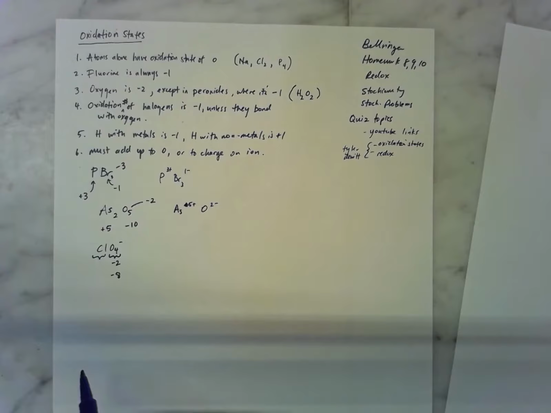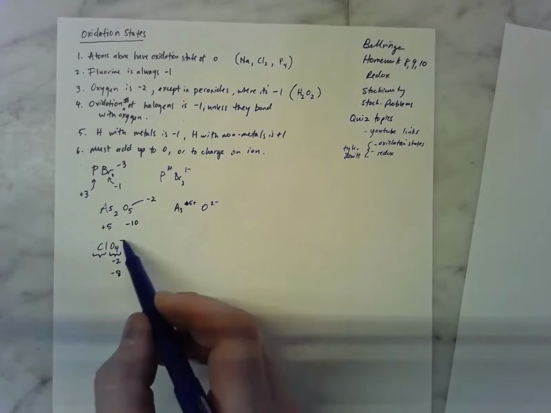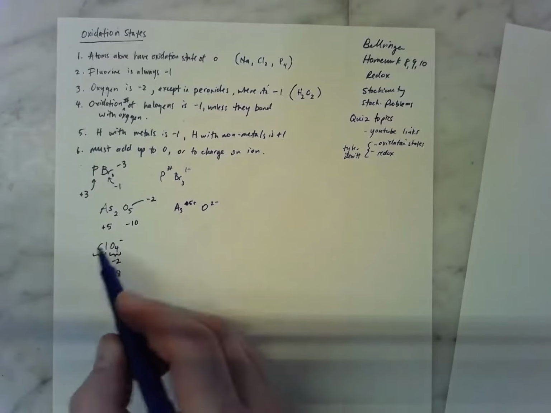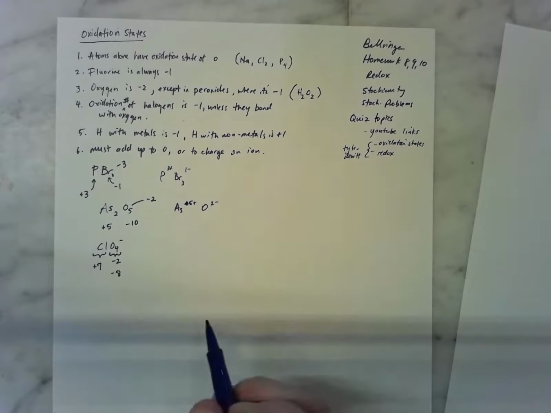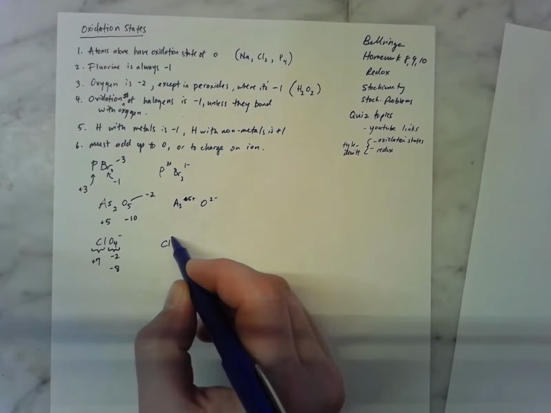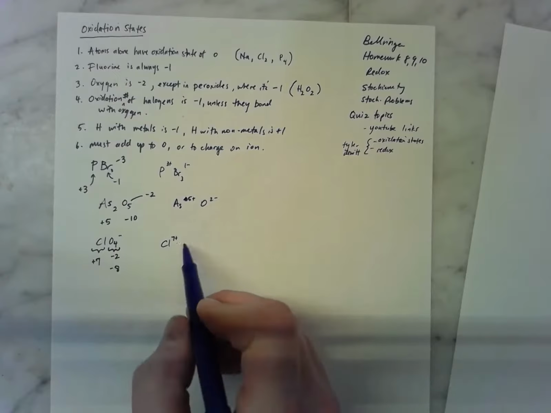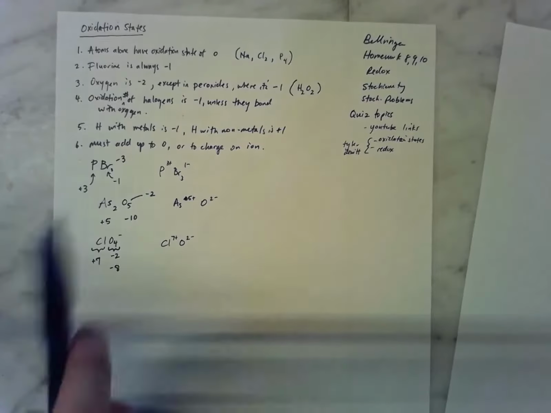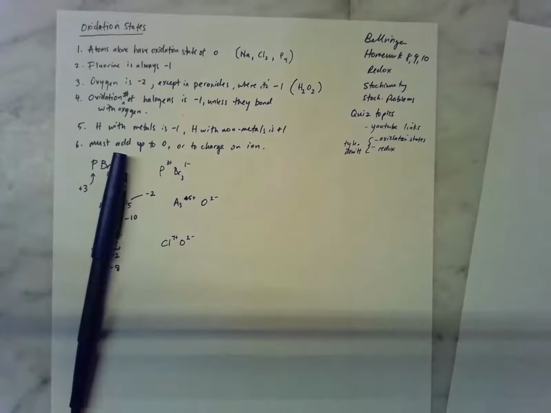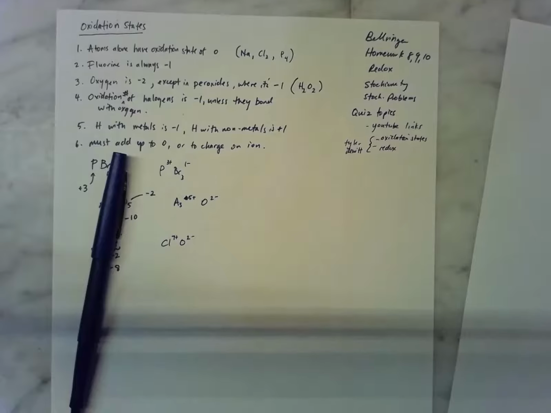So what's chlorine got to be? Well, they've got to add up to a -1 right here, so this has got to be a +7. So we have chlorine 7+, and oxygen is 2-. How does he like for you guys to write these? I don't have a particular opinion, but I want us to all be doing the same thing.